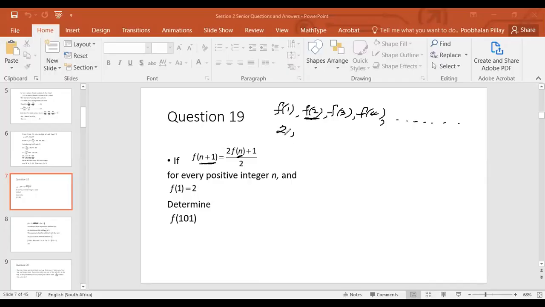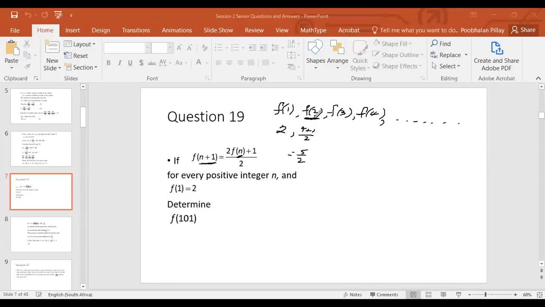Like in this case here, to do this, you double the previous one, and that gives you 2 times 2, which is 4, plus 1, and divide by 2. Right? And that gives you 5 over 2.